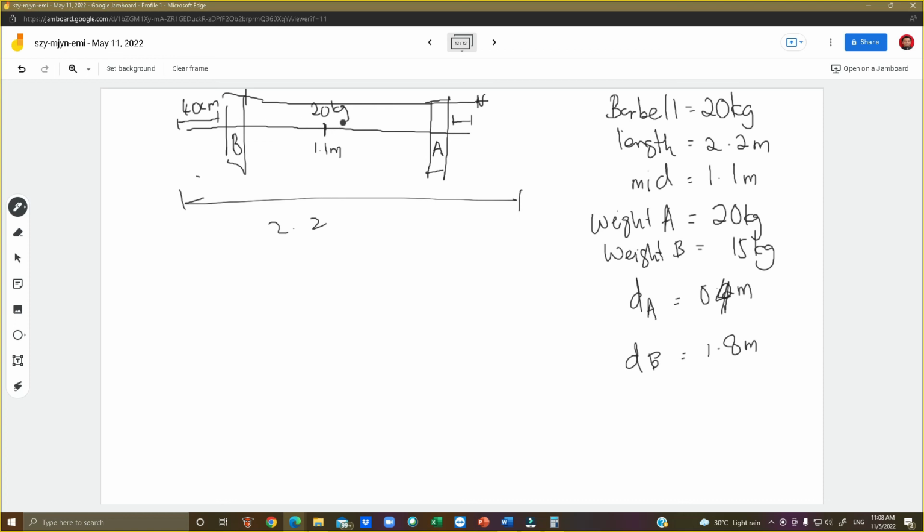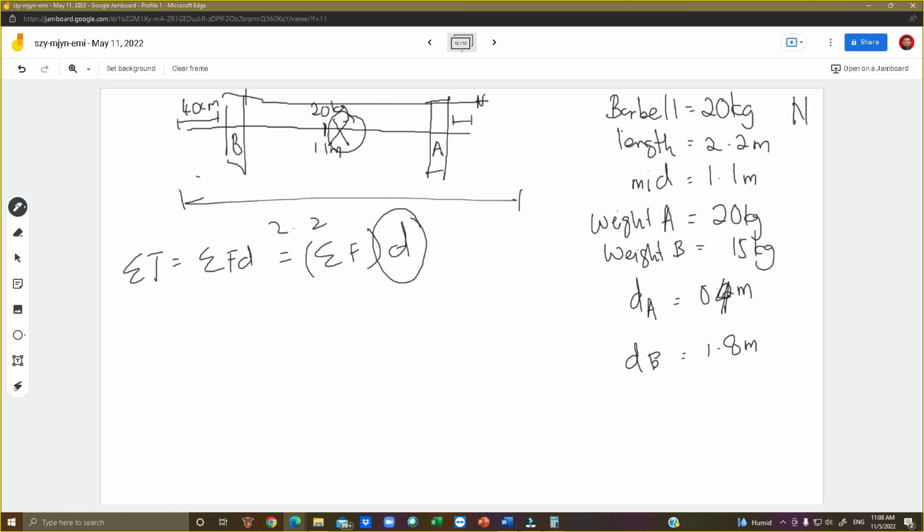Now, the question is, where is the center of gravity? So we use the same equation. We are going to use torque equals summation of FD, and this D will determine where. When we talk about F, it is not in kg, it will be in Newton.